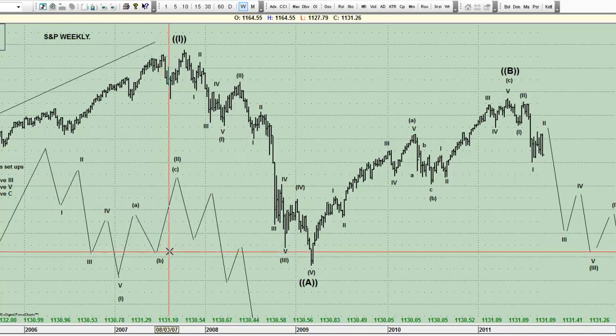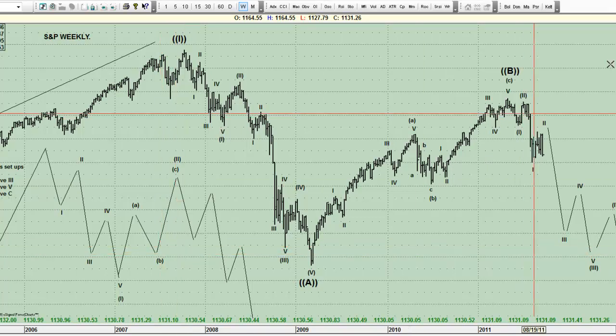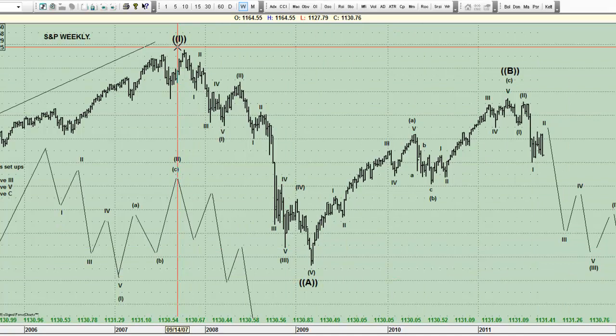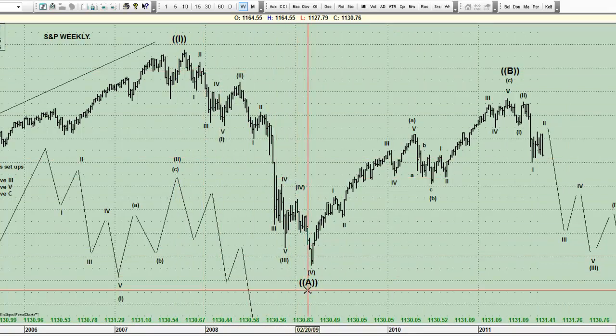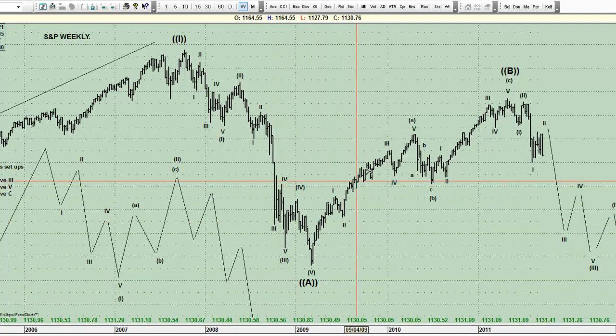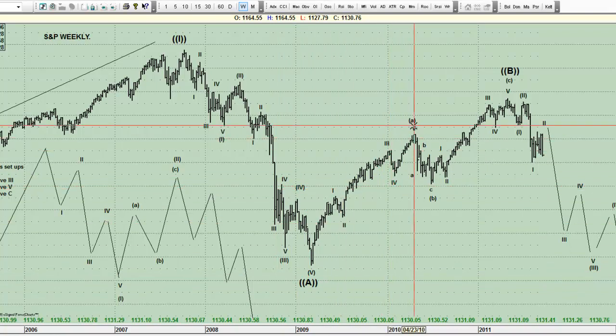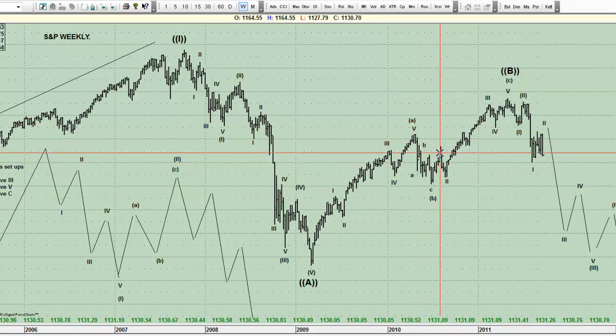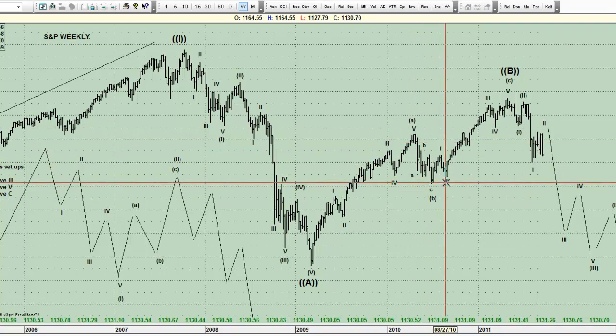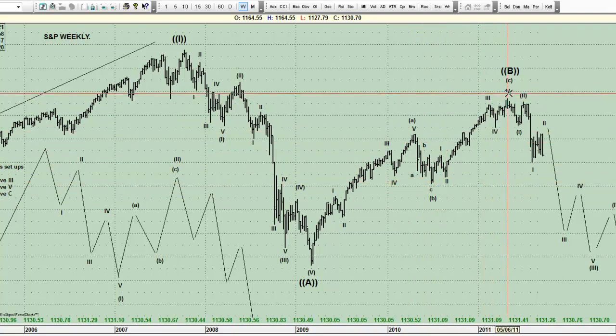Having said that, let's go here on the real market. You got 1, 2, 3, 4, 5, and then you see 1, 2, 3, 4, 5. That's your A. What is happening is you're going to get an A, B, C back and another 5. 1, 2, 3, 4, 5.